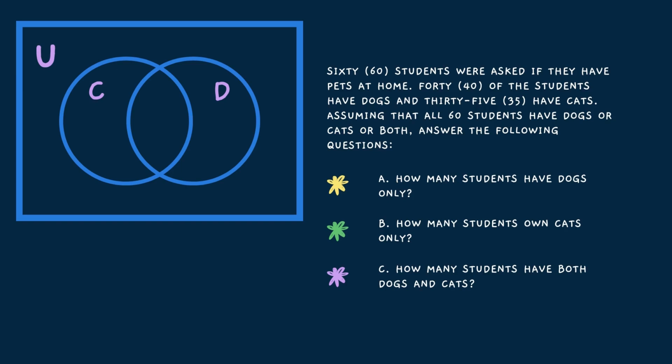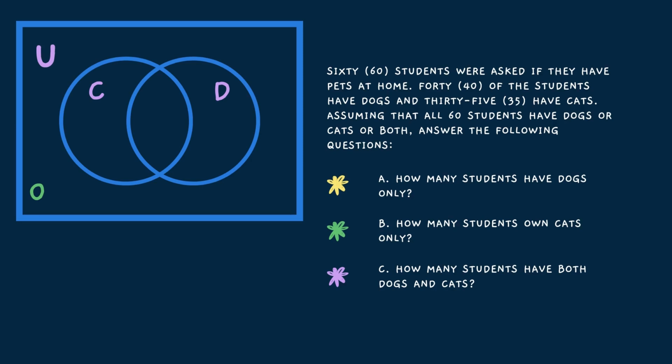To answer the following questions, let's look for the clues. So the first clue here, all students have dogs or cats or both. Ang ibig sabihin nito, walang element sa union ng set C at set D. Meaning, 0 ang nasa labas ng union ng set C at set D.